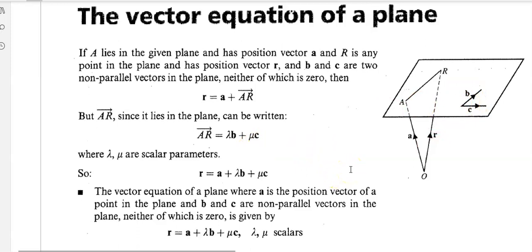So to get AR, the easiest way obviously is using your i and j vectors, but you could use B and C to do it. So AR could be written as lambda B plus mu C. It's an awkward way to do it, but you could do it.